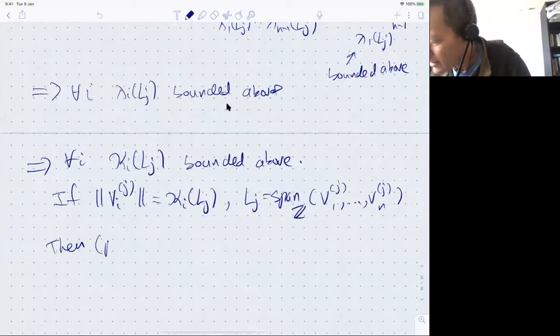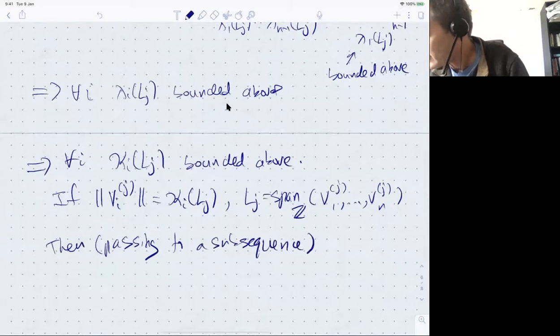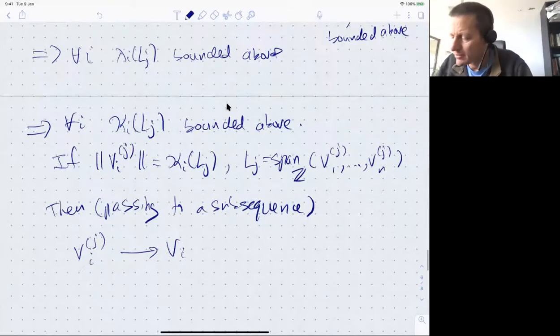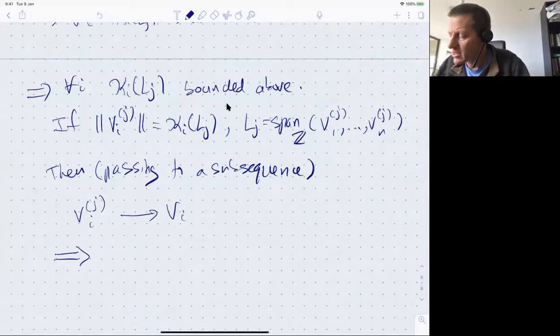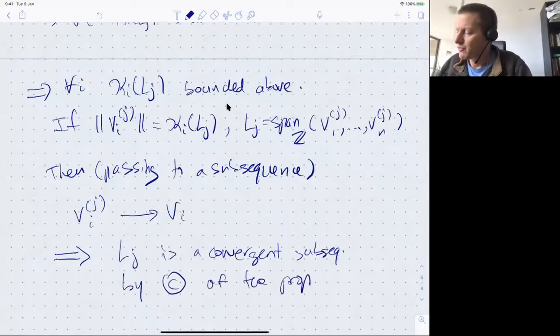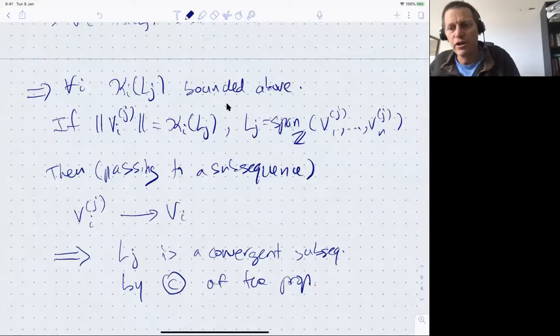So then passing to a subsequence, these vectors converge. And since this is a basis, this implies that Lj is a convergent subsequence by part C of the proposition. So I had several necessary and sufficient conditions for convergence. One of them was involving bases, and I've shown that the bases converge, and so I get convergence.